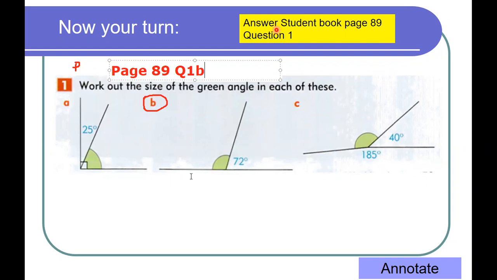This is a straight line, so we are going to subtract from 180 degrees, and this is 90 degrees.